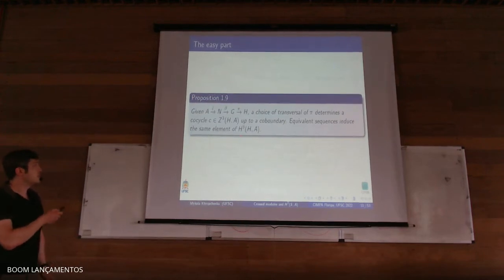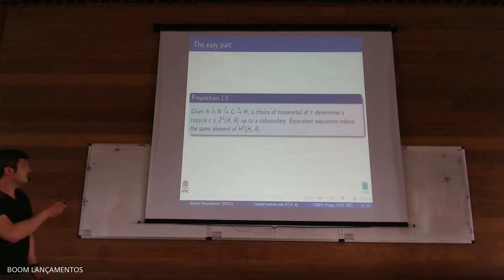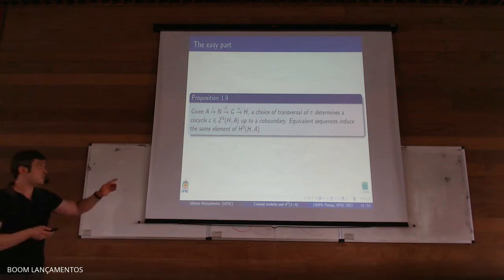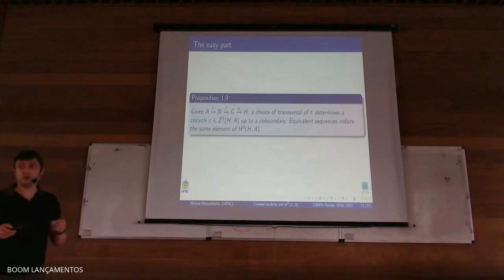In one direction, it is more or less standard. If you have an exact sequence, you take a transversal of this epimorphism, then you multiply the images under this transversal, you observe that it is the image of the product up to some factor, which acts like, if it were a three-term exact sequence, it would be a 2-cocycle.